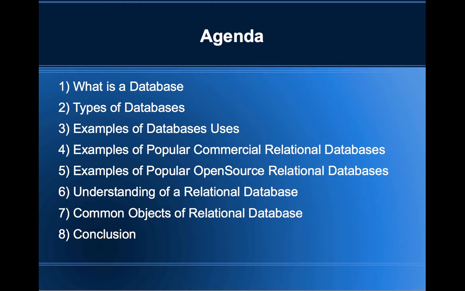And also we will have an example of what a relational database means, like some understanding of a relational database. And we will list the common objects and then conclude. So let's get started.